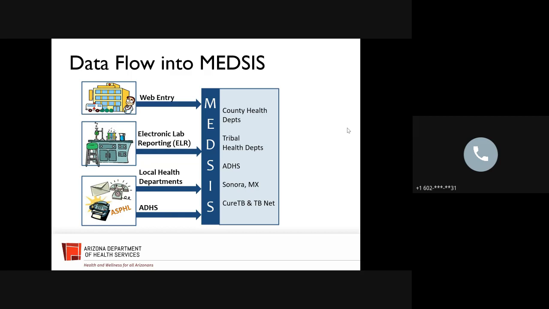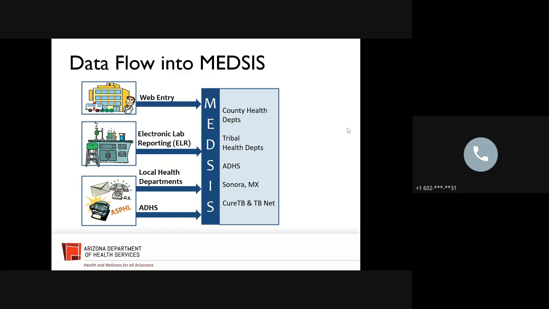So let's say Salt River Pima-Maricopa is in Maricopa County. Any Salt River Pima-Maricopa tribal case will automatically be shared to Maricopa County. So Maricopa County FEs can see those cases, but they can't edit.